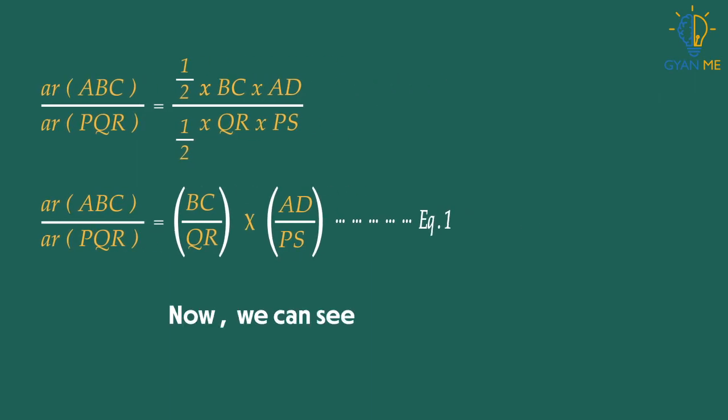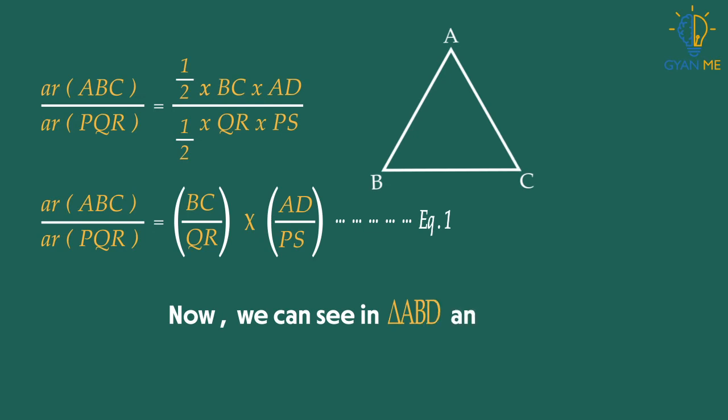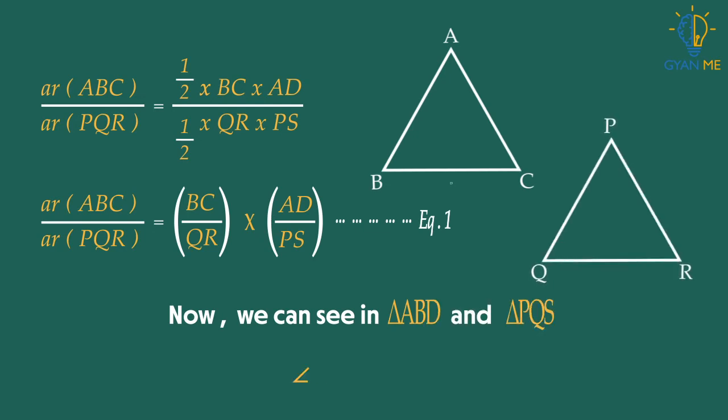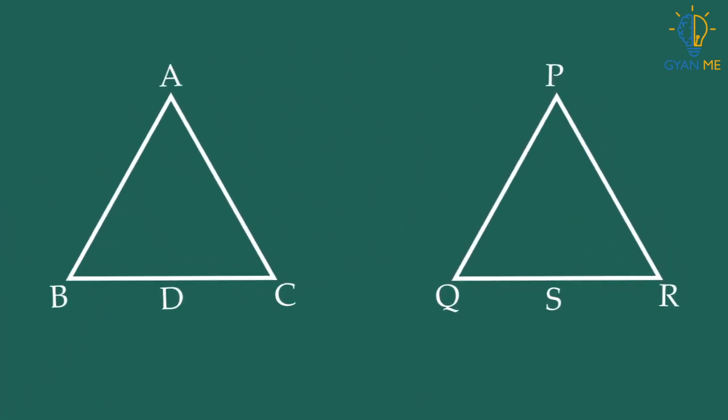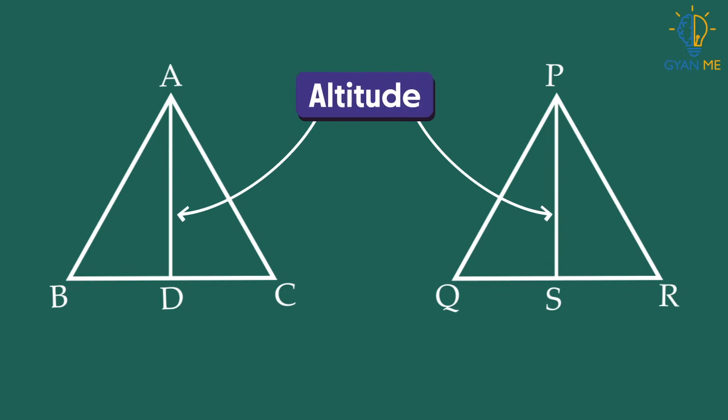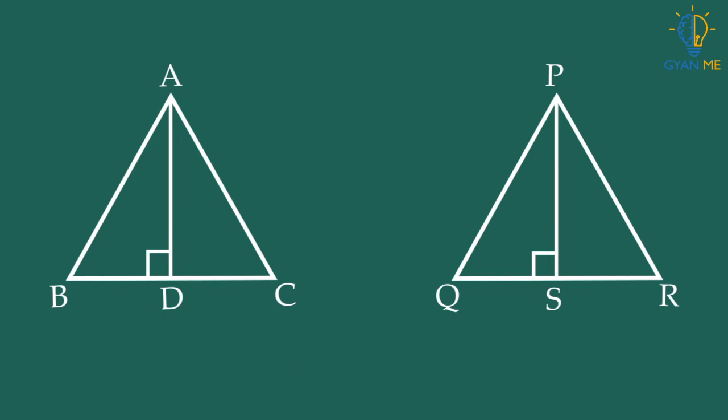Now we can see that in triangles ABD and PQS, angle D and angle S are 90 degrees. Why? Yes, they are perpendiculars, that is their altitudes, and hence the angles are 90. And we are already given that angle B is equal to angle Q since both these triangles are similar.